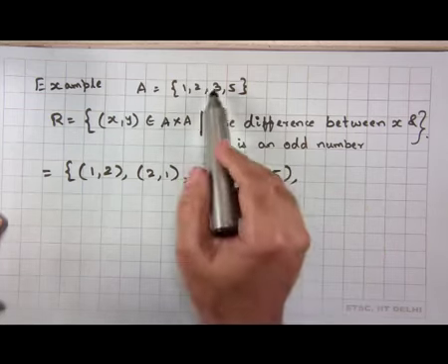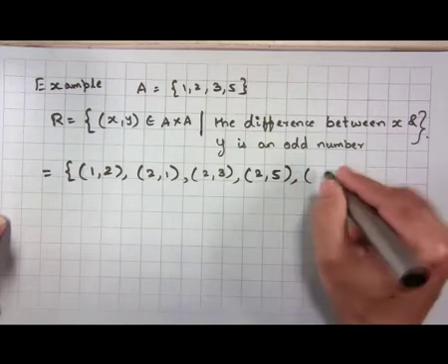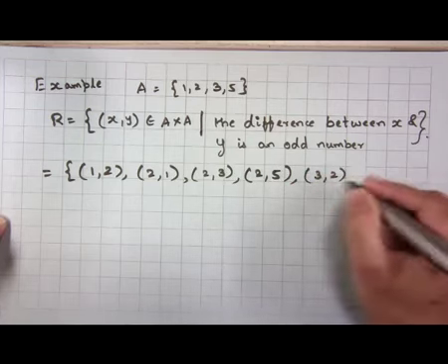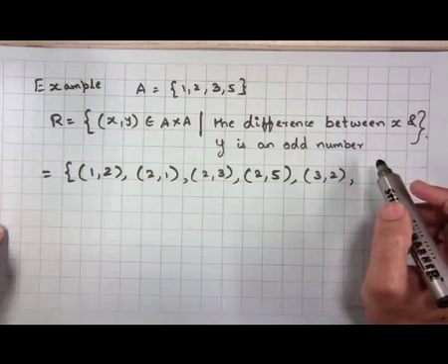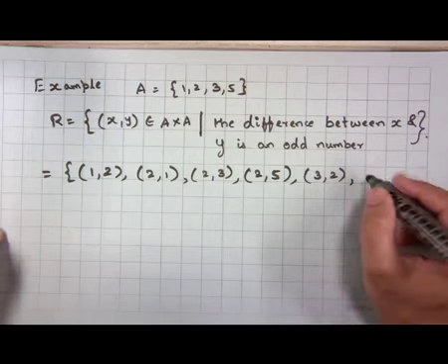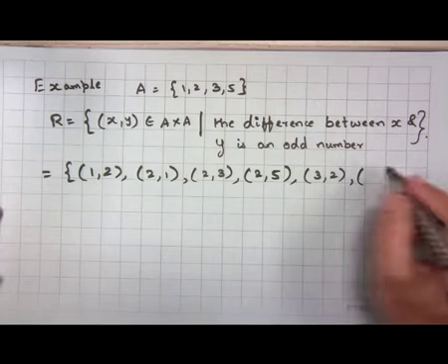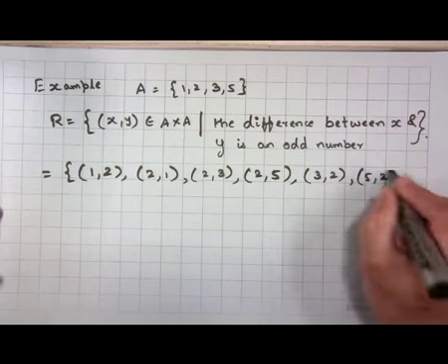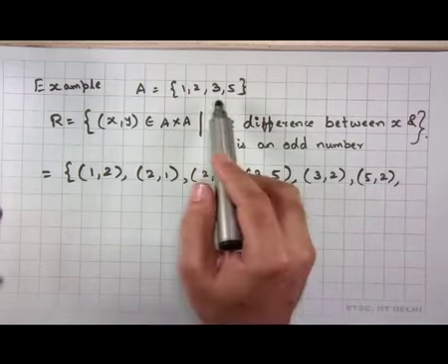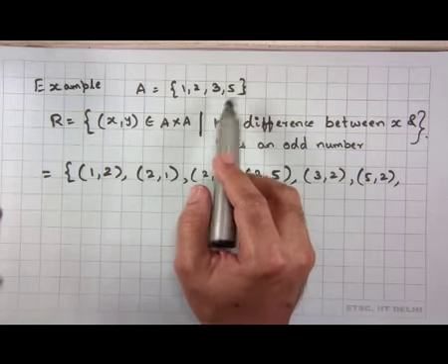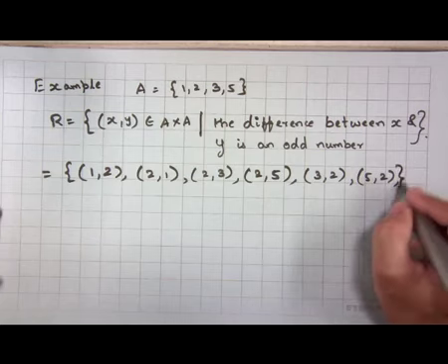Now, (3, 1), the difference is 2, therefore, cannot be part of R, (3, 2), the difference is 1, (3, 5), the difference is 2, therefore, cannot be part of R. Now, (5, 1), the difference is 4, (5, 2), the difference is 3, and (5, 3), the difference is 2, (5, 5), the difference is 0. Fine.